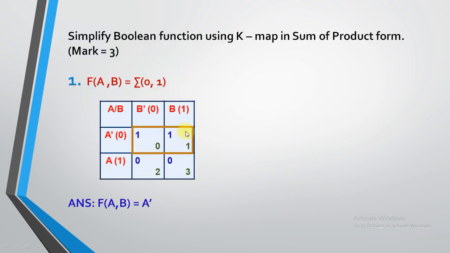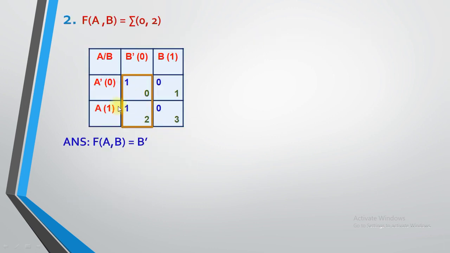Now for this particular box, we have values A dash and A, which means it is the opposite value, so no need to consider that variable. Now refer to the topmost variable, that is B dash, for both the values. So the answer is B dash.